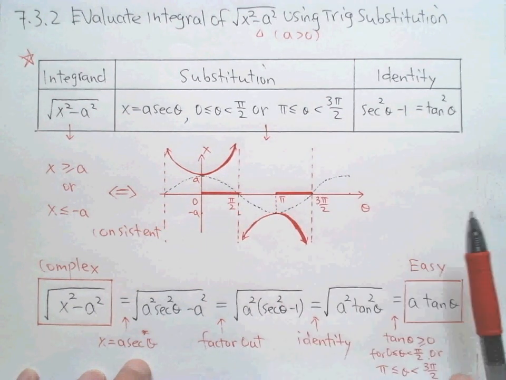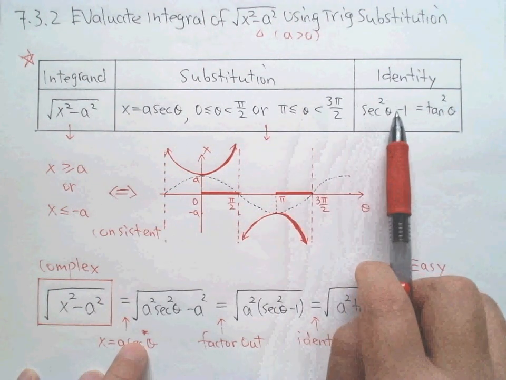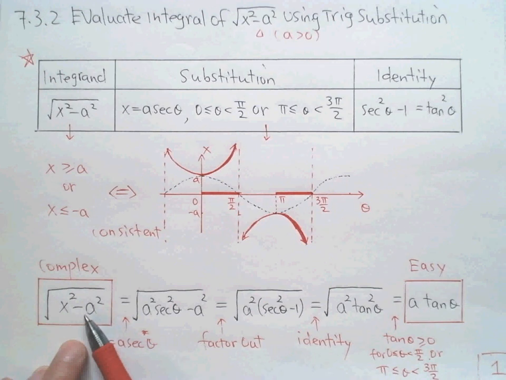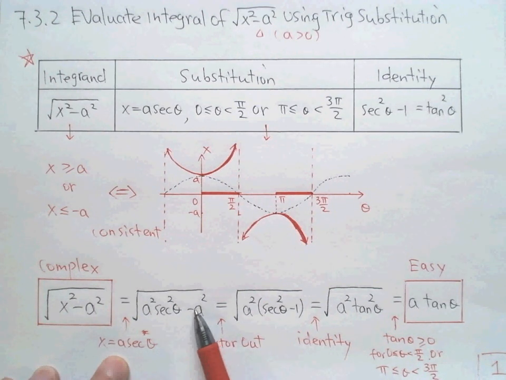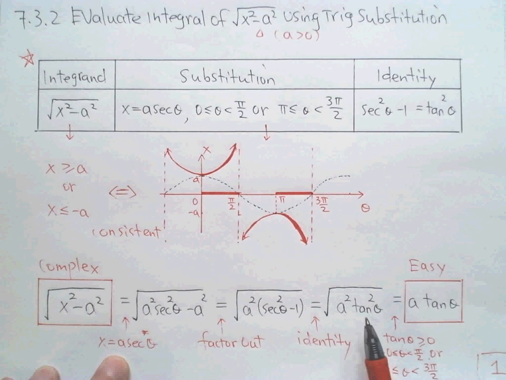Another step. To do this substitution with this integral, we can simplify. So look at it. This is the beginning, complicated. We substitute this, we get this, and then a squared is factored out. Secant squared minus 1 is tangent squared, that's a Pythagorean identity. And then take this square all out, which is a times tangent.